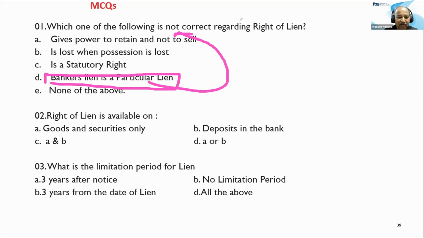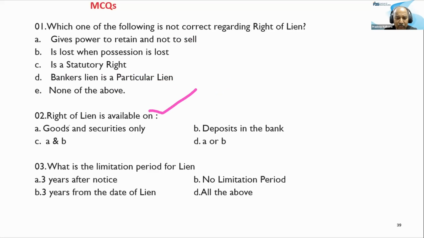Next, right of lien is available on goods and securities only, deposits in the bank, A and B. Please make a note. Right of lien is available only on goods and securities, not on the money or balances in the account. Now, sir, we mark lien.